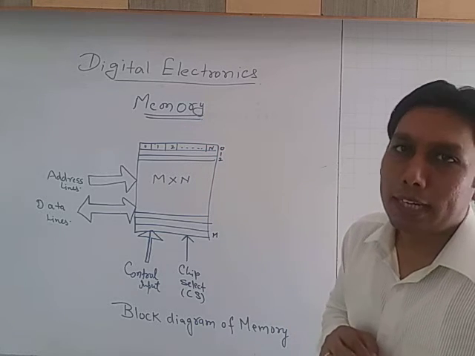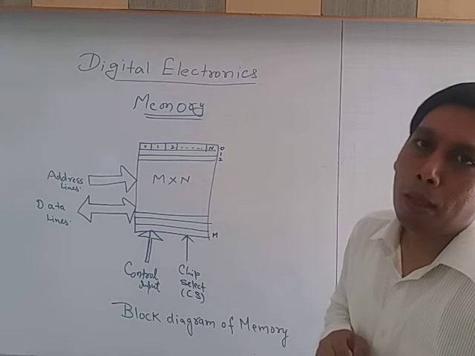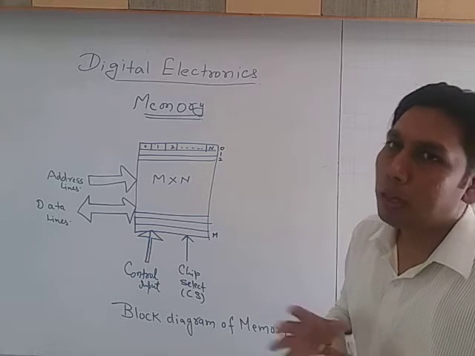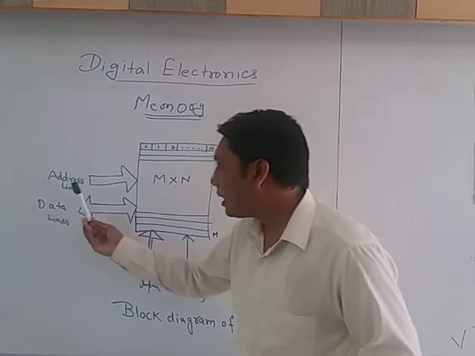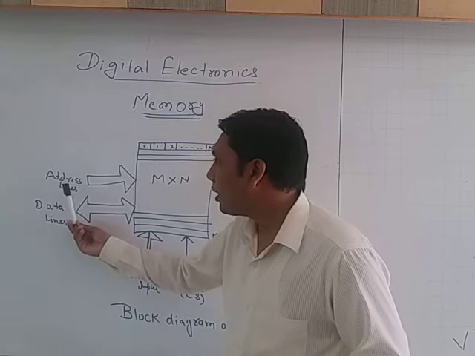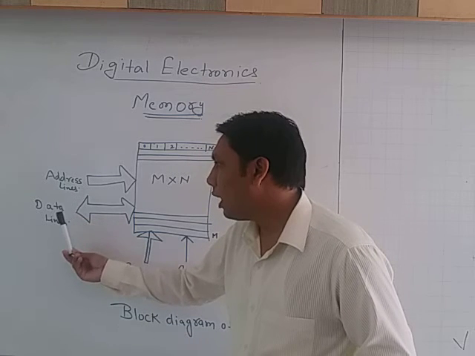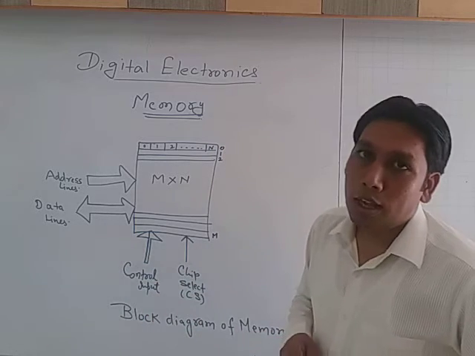To perform operations in memory, we have a number of inputs. Basically, there are three types of inputs available in memory: address inputs, data inputs, and control inputs.